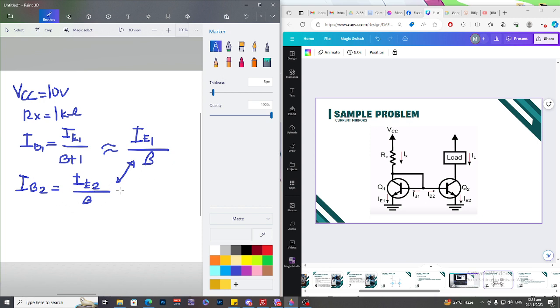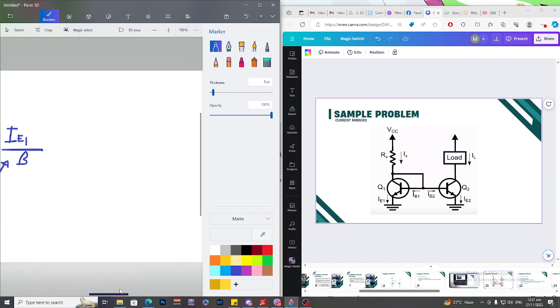Once we know the value of IB1 and IB2, we can now assume that the value of VBE1 is also the VBE2 since they are mirrored. And we're going to use this value later. So proceeding, we're going to go to the next panel.